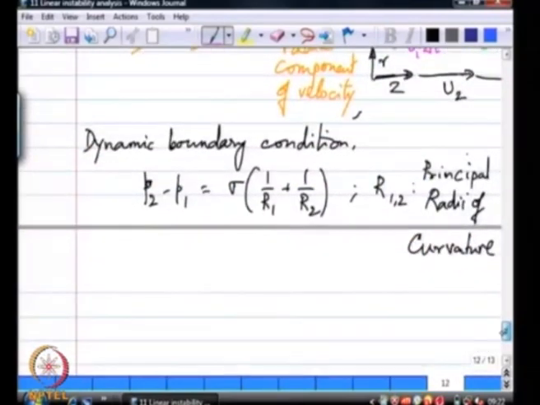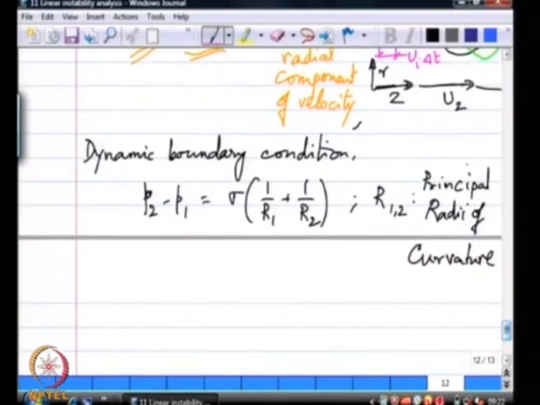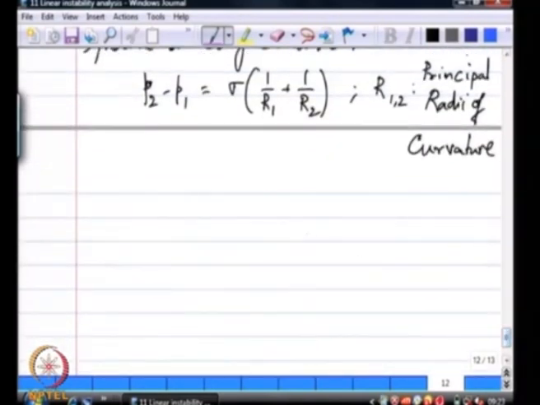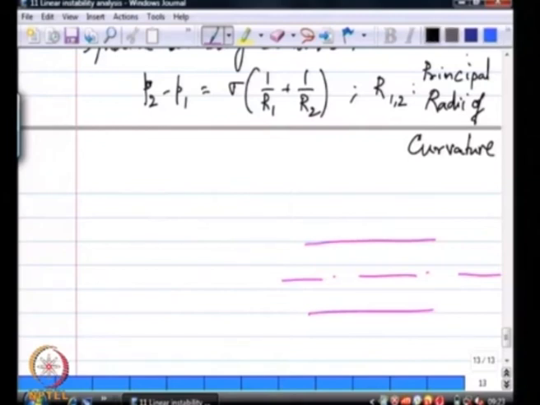Okay. The second set of boundary conditions are what we call the dynamic boundary conditions. So, if I now again go back to the cylindrical jet, this is the unperturbed form. The perturbed form has this sinusoidal wave.